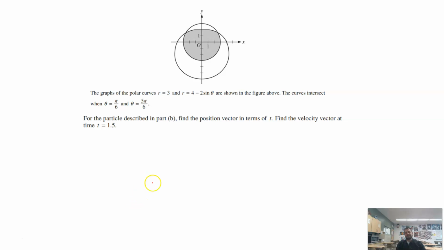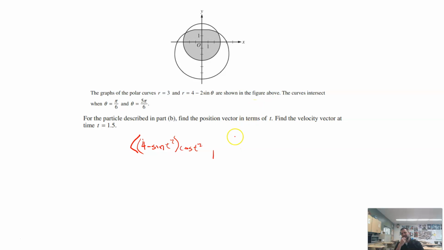Now, letter C, still talking about the same thing from part B, we want to find a position vector in terms of t. Well, we already found the x-coordinate, remember. The x-coordinate was 4 minus 2 sine of t squared multiplied by cosine of t squared. My y-coordinate is virtually identical.